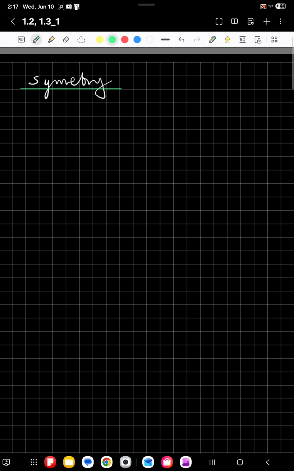I already kind of told you that we have three types of symmetry, but one of those, the symmetry with respect to the x-axis, doesn't really apply in calculus, because that would give us something that's not a function. But there are two other types of symmetry.